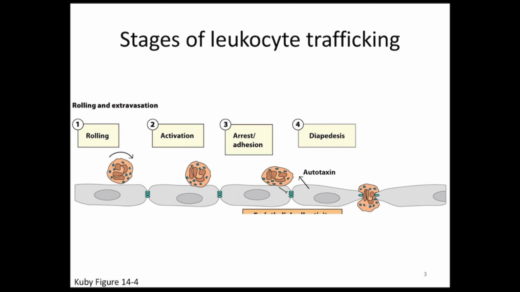I always call this a three-step process, and I'm thinking specifically about the steps of rolling, activation and arrest. There is this other part called diapedesis that is shown here, which I say way less about because there's way less that we know about how it works. So when I say the three-step process, I do mean rolling, activation, adhesion, though we will see diapedesis happening as well.